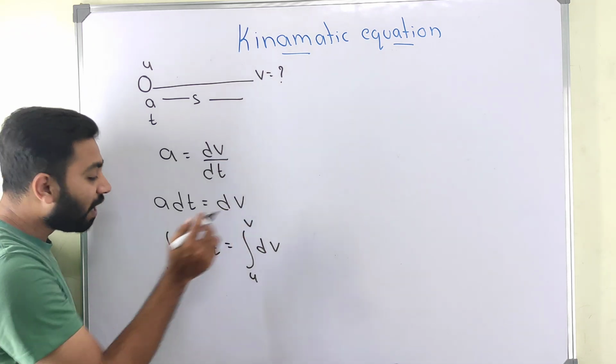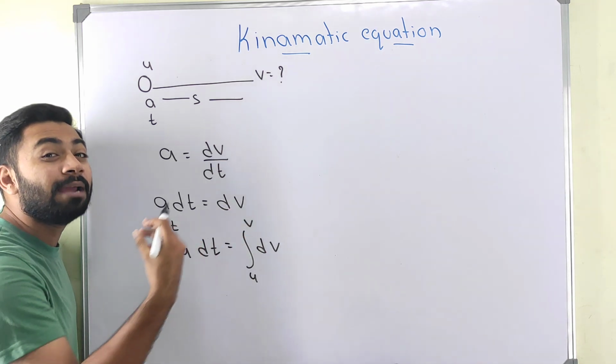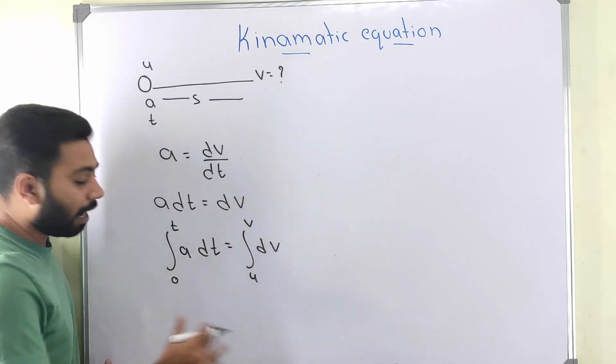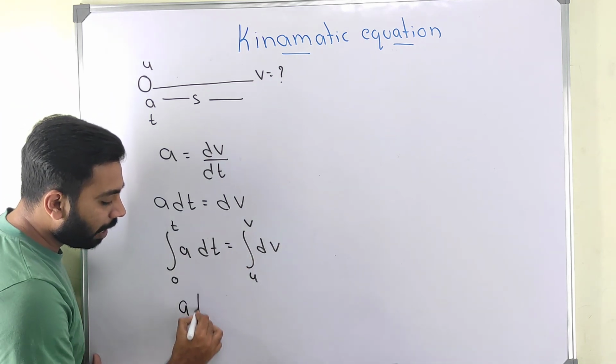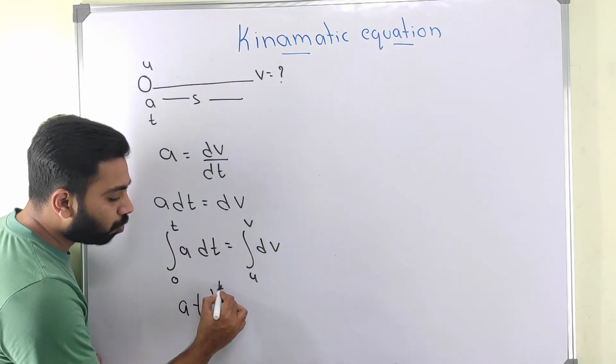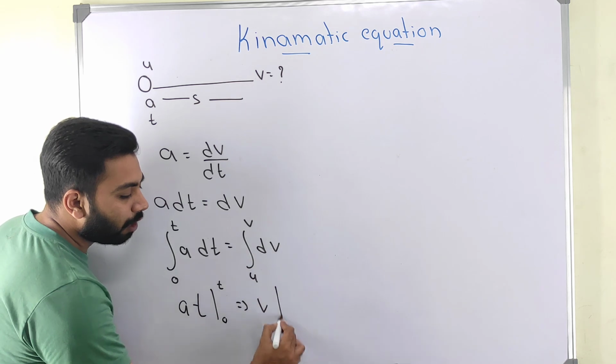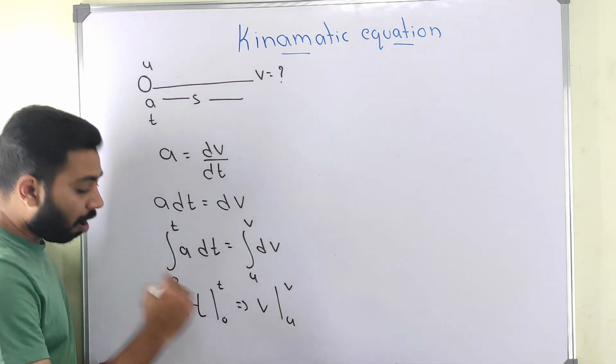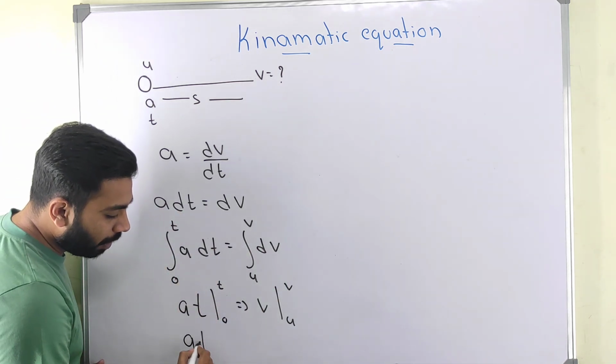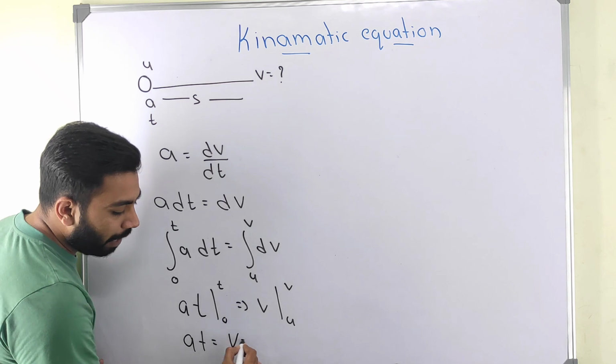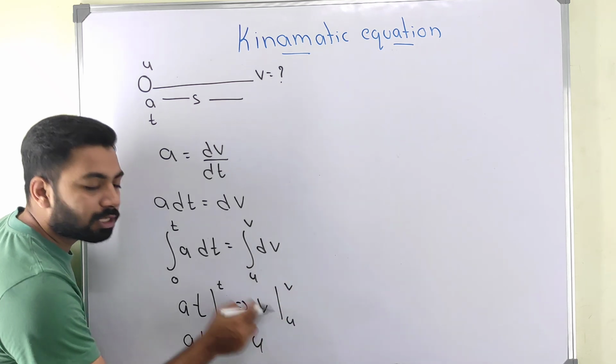When my velocity was final v, the time was t. On solving, I get at = v minus u, upper limit minus lower limit.